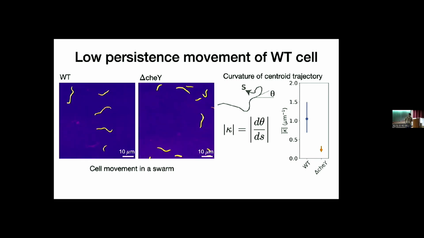And then we took the ensemble average in wild type and delta KY. Then we found a 5 times higher value of the trajectory curvature in the wild type compared to the delta KY. So this means a low persistence movement of the wild type cells.